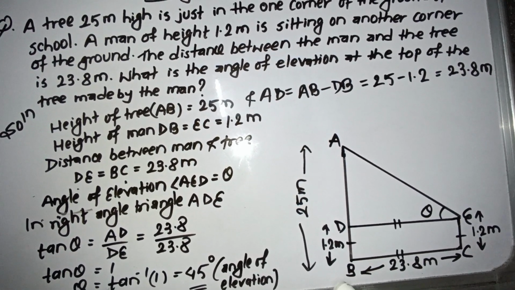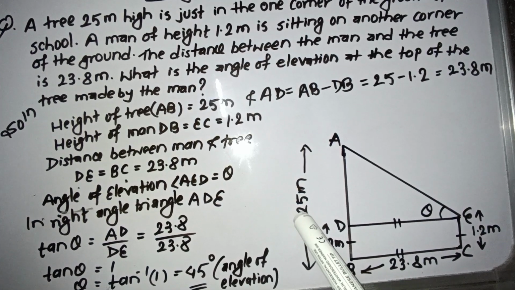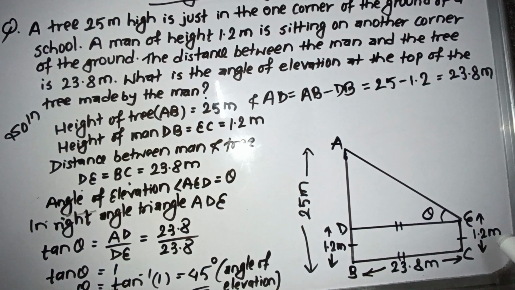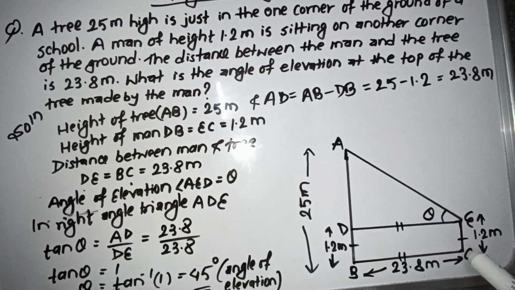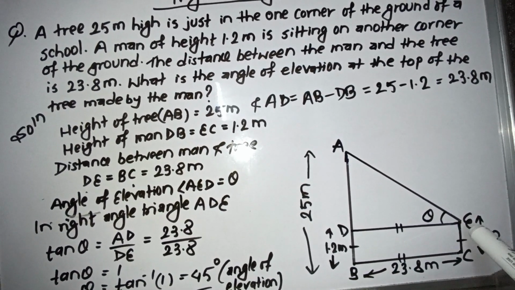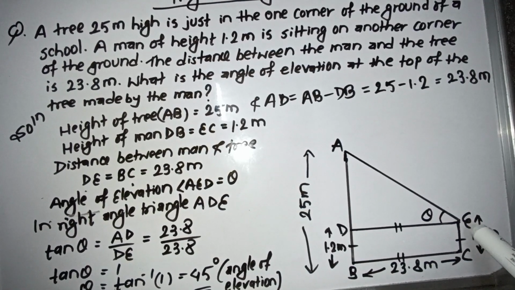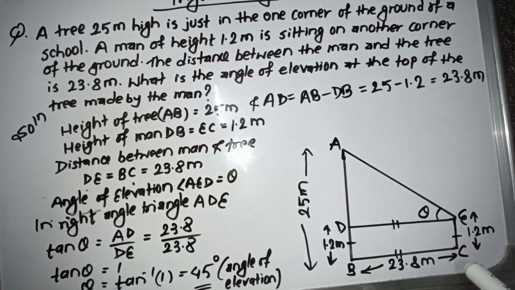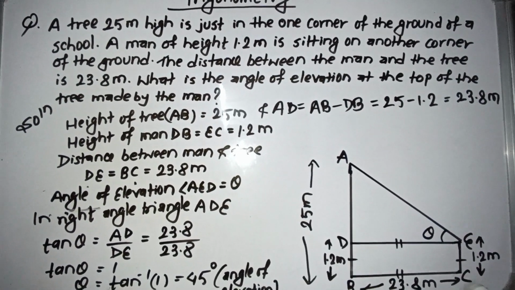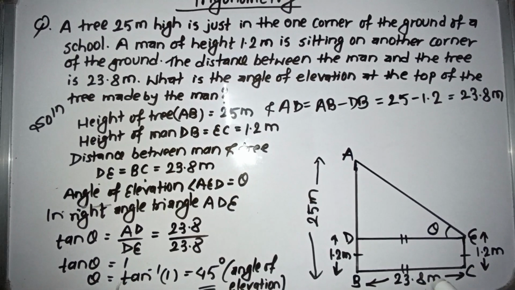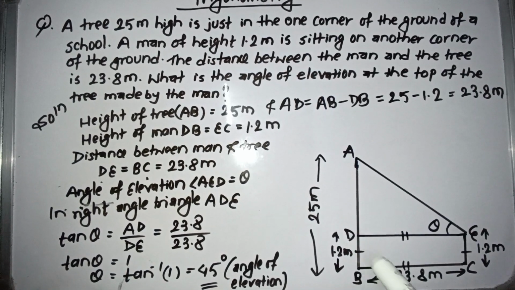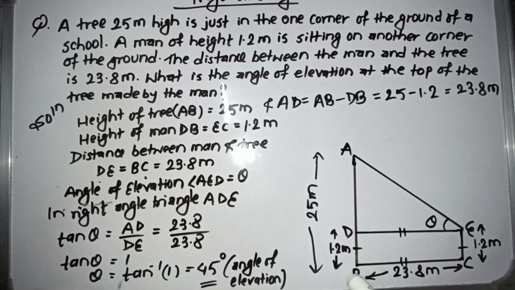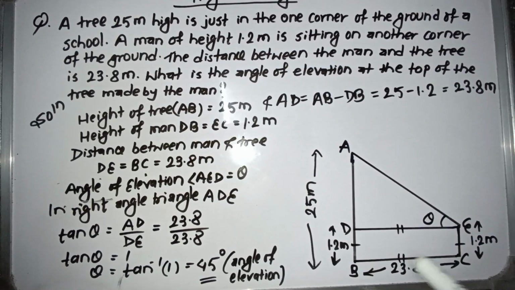AB is the height of the tree, that is 25 meter, and 1.2 meter is the height of the man, who is in the other corner of the ground. And the distance between the tree and the man is 23.8 meter, which is equal to BC is equal to DE, and DB is equal to EC.